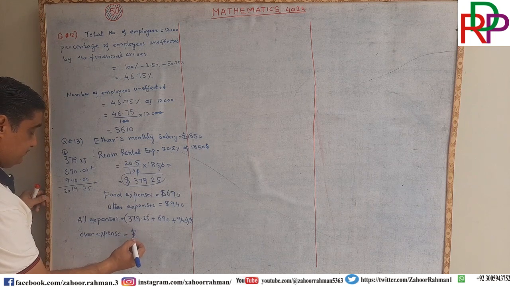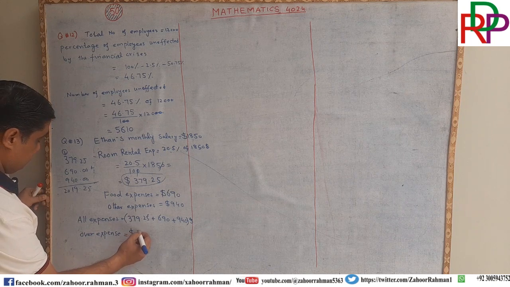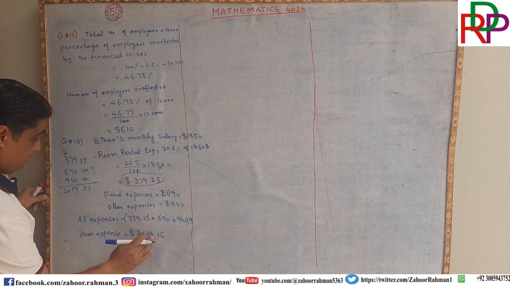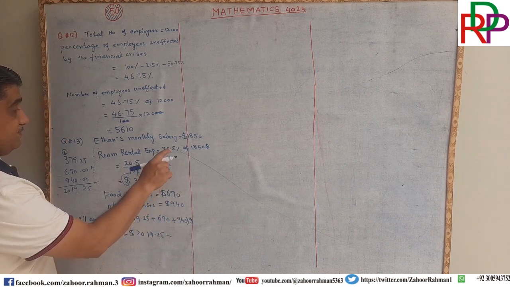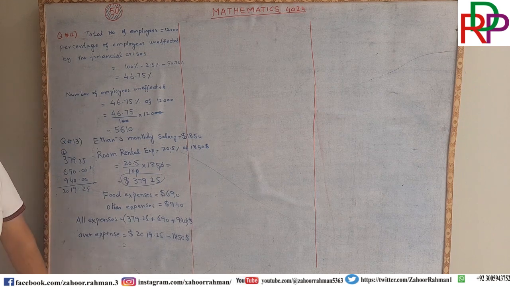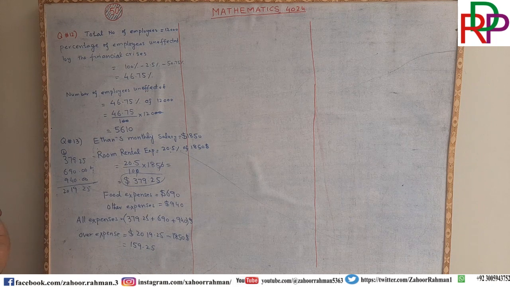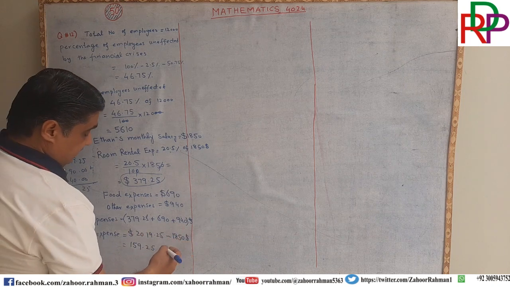So $2019.25. Minus, we have to subtract his salary, which is 1850, and we will be able to find the over expenses, which is 159.25. This is the dollar amount.